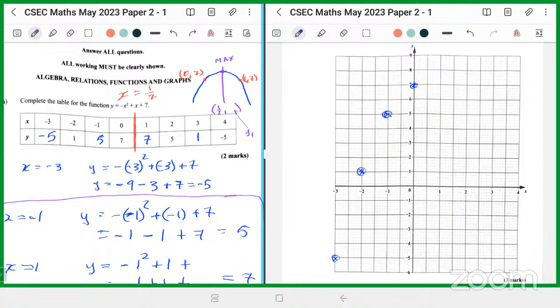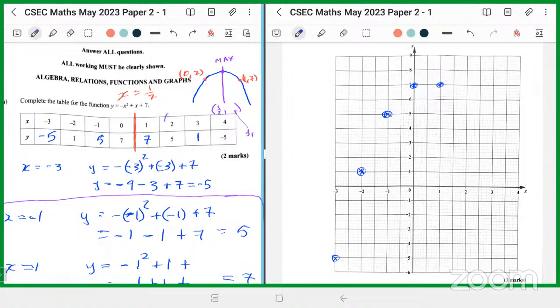The maximum value is more than 7. It does not occur at 2 points. The maximum value is 1 value occurring at 1 point. All right, we're going to put in (1, 7) for now. So (1, 7) is right here.